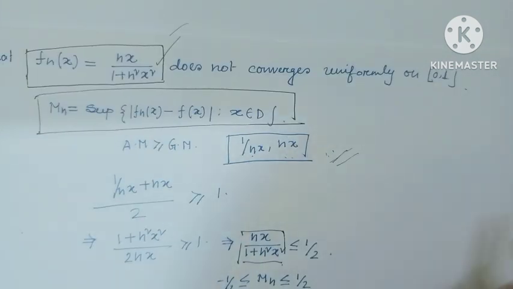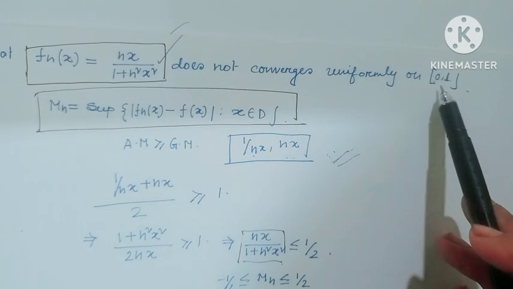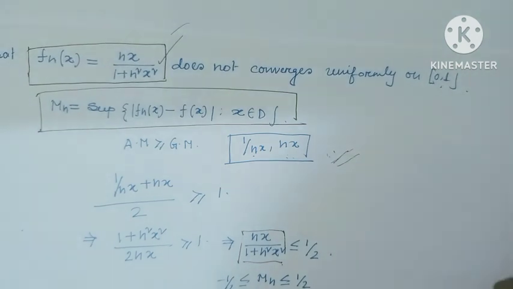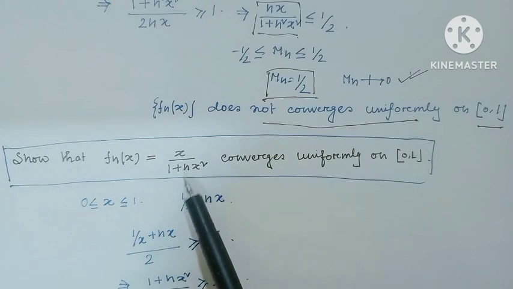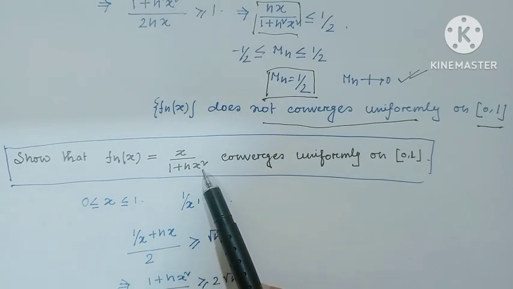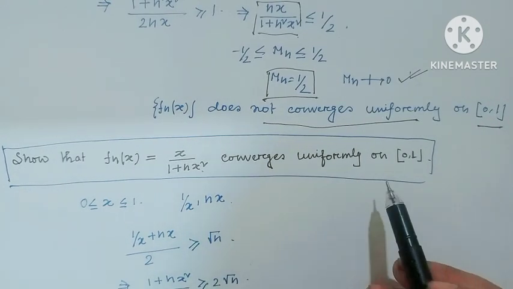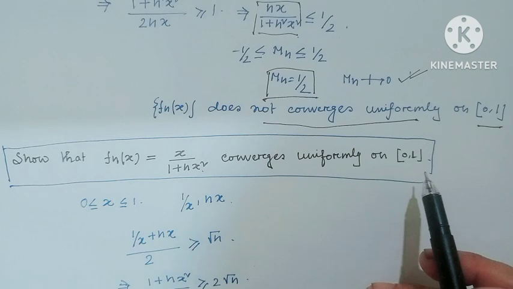But this function does not converge on [0, 1]. But this sequence of functions x over 1 plus nx square converges uniformly on the closed interval [0, 1].